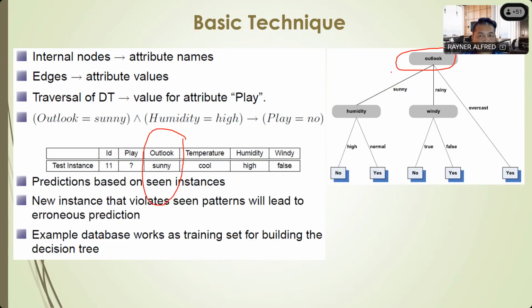So the question is, why didn't we use windy or temperature to start first? We need to ask why we didn't use temperature, humidity, or windy. So why did we choose outlook? There is a reason why we choose this variable.